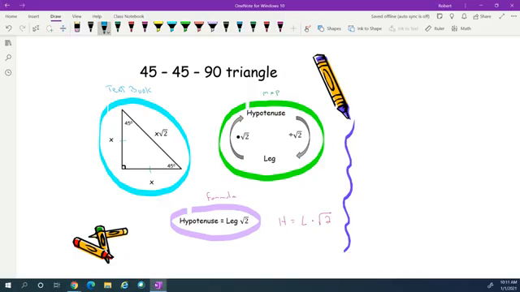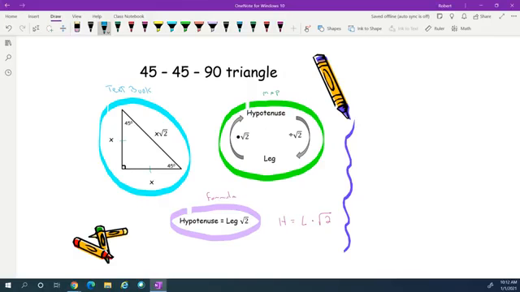So the hypotenuse is the leg, which they marked as x, times square root 2. Now, that does not mean every measurement for the hypotenuse will end in square root 2. It is a formula. Take whatever there is for the leg and multiply by square root 2. They're just showing it to you in this graphic form that shows the relationship among the three sides.